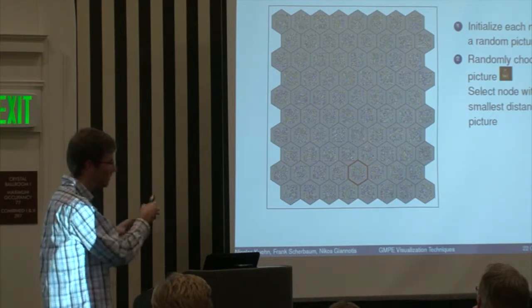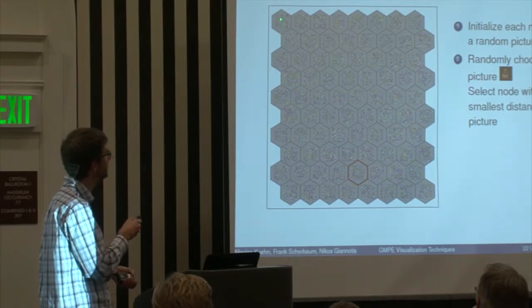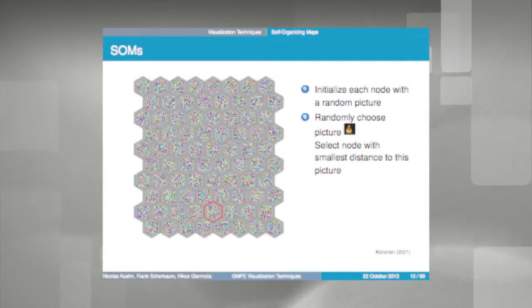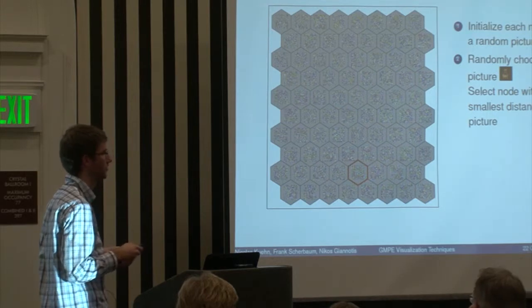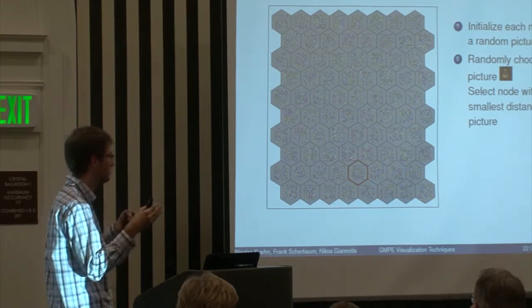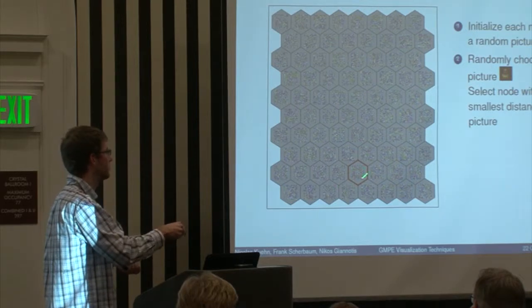You calculate the distance between each of these random pictures to that one, and then you select the one which is closest to that picture. Basically you just take the Euclidean distance between the RGB values of these pictures and that one.